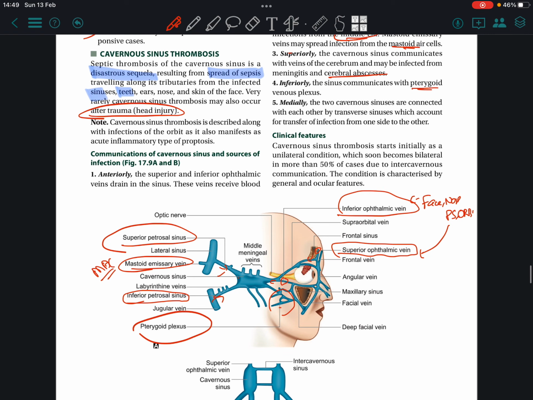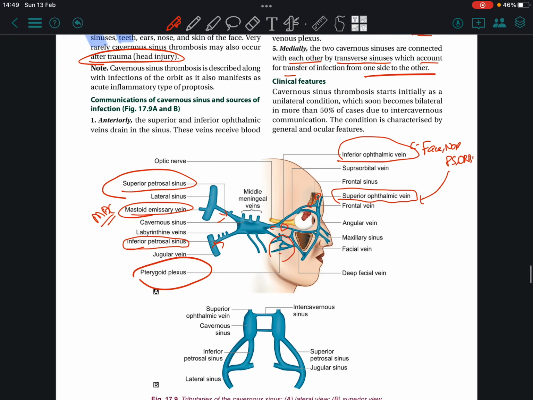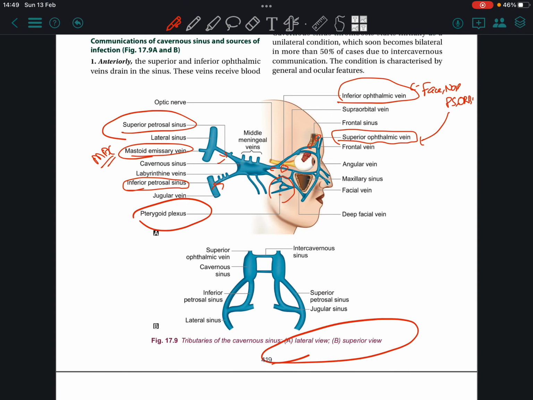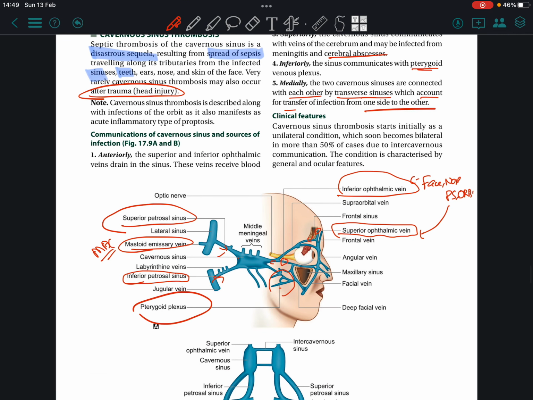Then medially, the two cavernous sinuses are connected with each other by the transverse sinus, which accounts for transfer of infection from one side to another. Clinical features of cavernous sinus thrombosis: thrombosis starts initially as a unilateral condition, which soon becomes bilateral in 50% of cases, due to intercavernous communication.